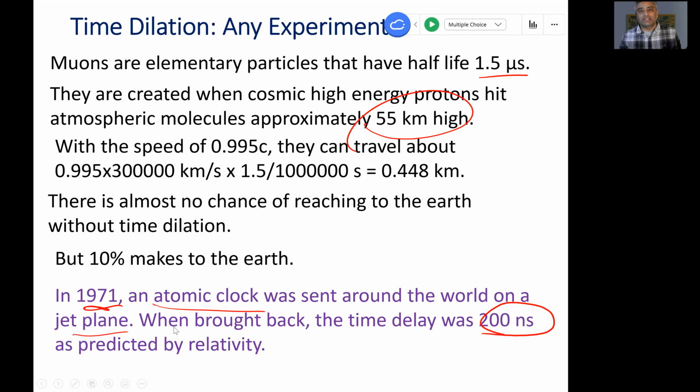It's not just about equations, not just about theory. There is direct proof. For example, for space flight and satellites orbiting the Earth, we take account of that time difference as well, while programming them, scheduling them, or making time measurements.